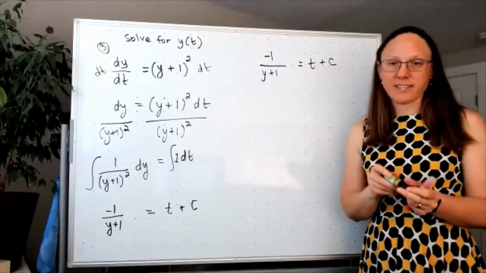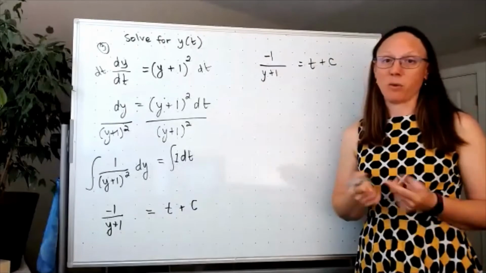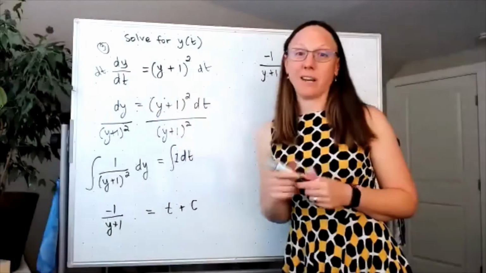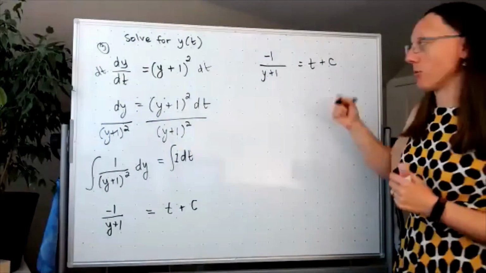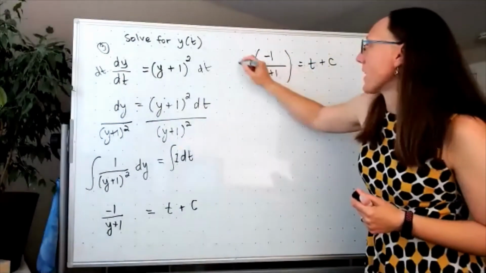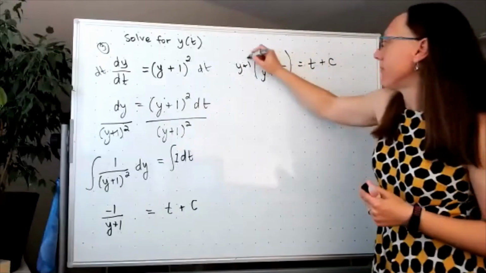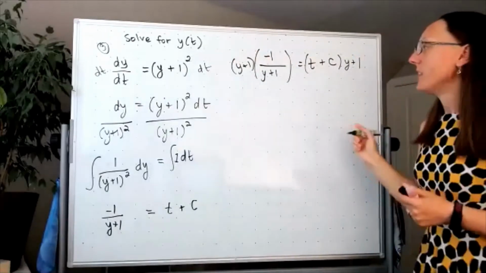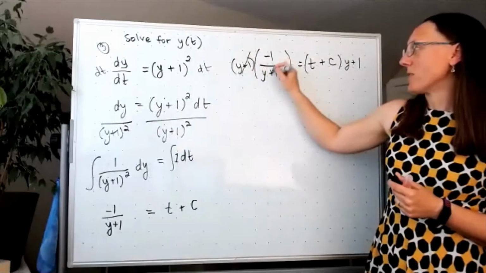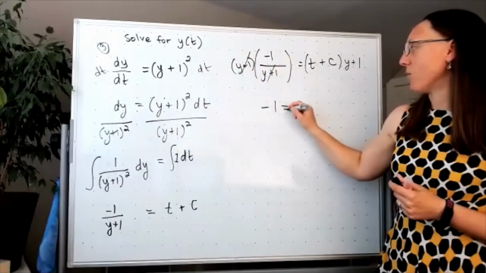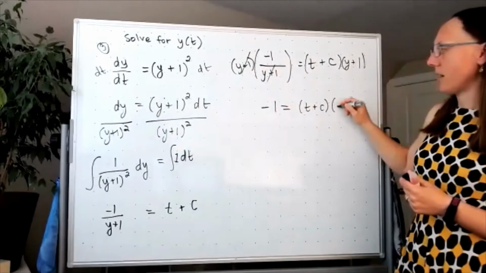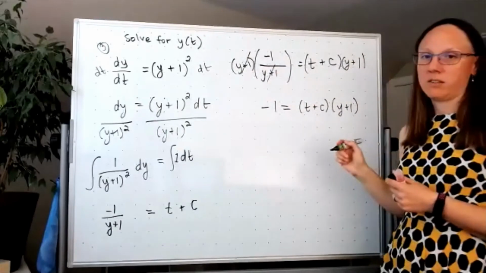Personally, if I've got fractions, I just multiply both sides by whatever gets rid of the fraction. That's what I do when I'm doing algebra. So I'm going to multiply both sides by y plus 1. So over here, those y plus 1s would cancel out, and I've got negative 1 is equal to t plus c times y plus 1.